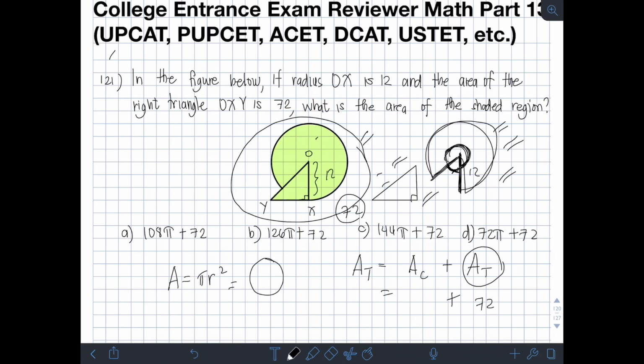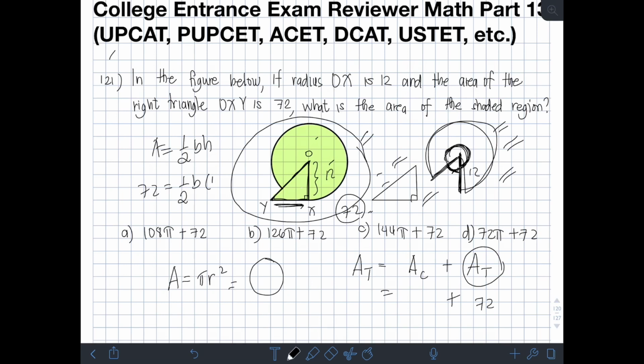So, magbase tayo dito sa right triangle. So, alam natin na itong area ng triangle is what? Equal siya sa 1/2 base times height, right? So, given siya ng area niya na 72. Equate natin. 1/2 times, let's say itong height niya is 12. So, unknown natin, let's say itong base.